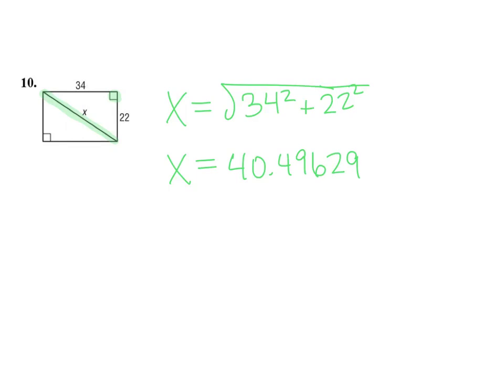If you round to that third decimal spot, x is about 40.496. Once again, the hypotenuse is the biggest side, the longest side. So this value should be the largest value, which it is.